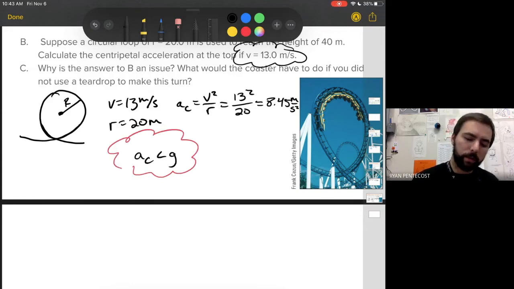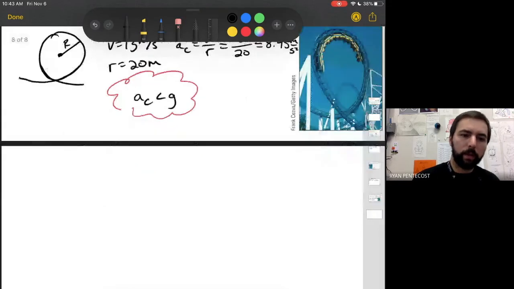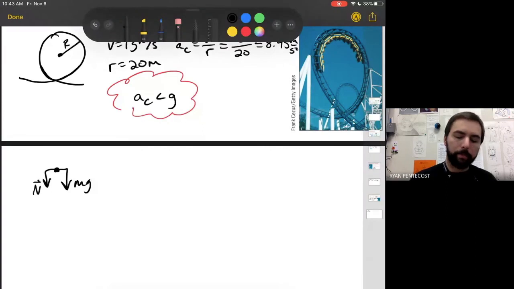So let's look at this real quick. Let's analyze the normal force in this scenario. At the top, in a loop-de-loop, you've got normal force and you've got mg. Now on a crest, remember we try to avoid normal force if we're going to make our roller coaster. But in a loop-de-loop, normal force is going to keep you in the circle. So we've got normal force plus mg.